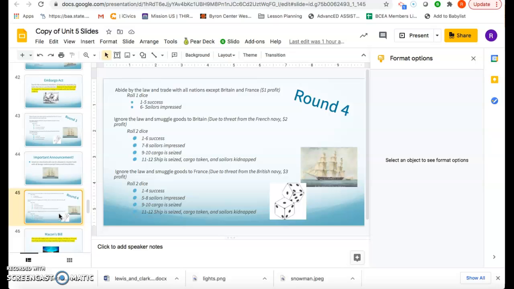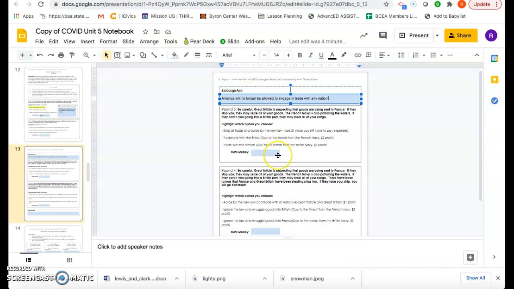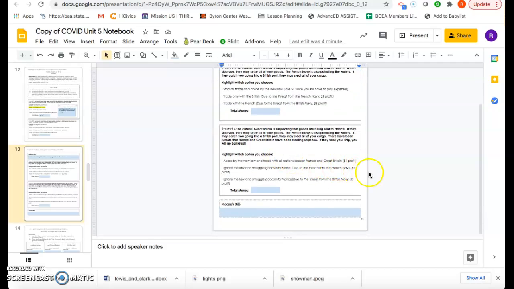So choose wisely. Are you going to ignore the law and smuggle goods to France for a $3 profit? With a 1 through 4 success, 5 through 8, your sailors are impressed. 9 through 10, your cargo is seized. And 11 to 12, your ship is seized and you are bankrupt. So this is quite the gamble. Go ahead and make your selection. Highlight which one you are going to choose.